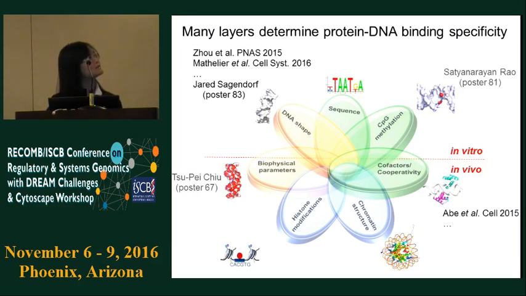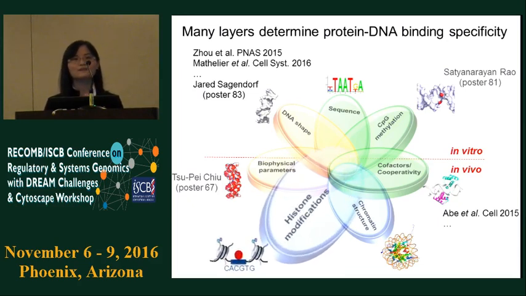Sadia is working on CpG methylation and how it determines protein DNA binding specificity. And for me, I'm very interested in histone modification, trying to figure out the relationship between histone modification patterns and in vivo TF binding, and trying to understand the possible mechanism behind it.